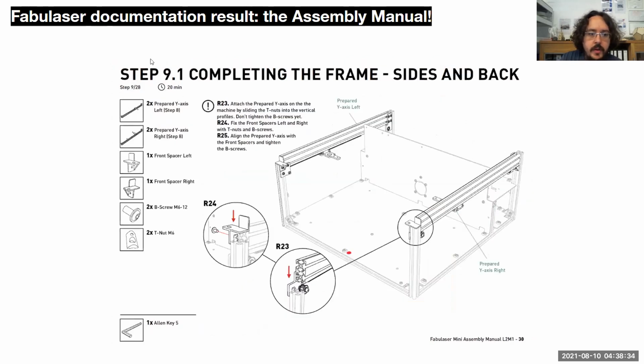Here is a step about the mechanical assembly with several pop-ups. You can see here a little bit more about the structure of the single page of the single step. You have on the left side all the parts that are needed, on the bottom the tools, and some pop-ups that show the magnifying glass of some specific areas, and also the different remarks that you should follow.